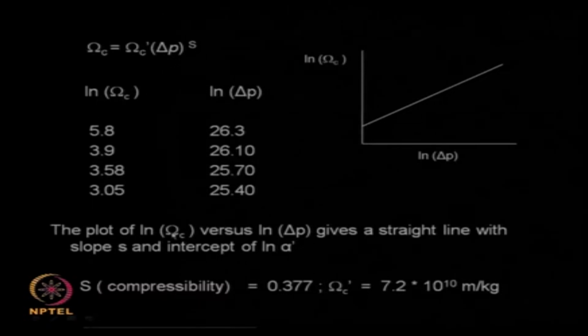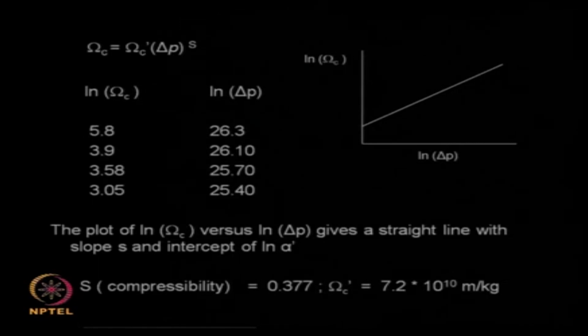So the plot of the logarithm of this term versus the logarithm of delta P gives a straight line with slope S, okay, and the intercept is equal to this particular term. From this we can calculate the compressibility, which is 0.377.